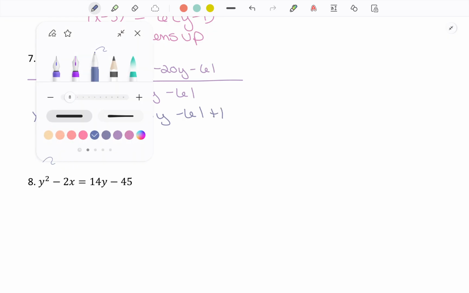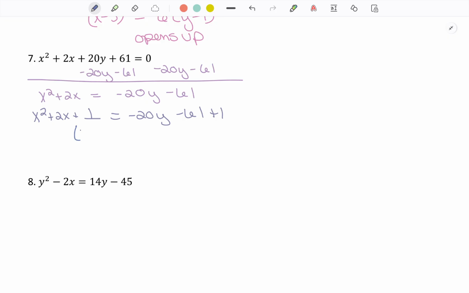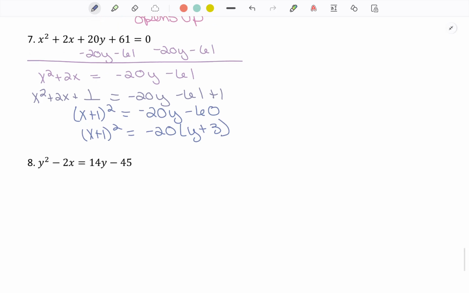Then we will factor. So we will have x plus 1 squared. That's going to equal negative 20y minus 60. So x plus 1 squared will equal negative 20, and that will become y plus 3. So in this case, this opens down because our x is squared, and then our 4p is negative.